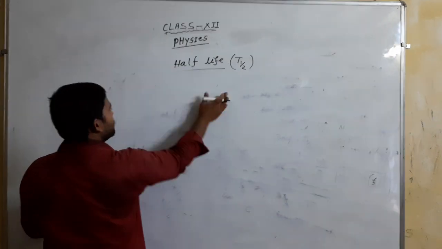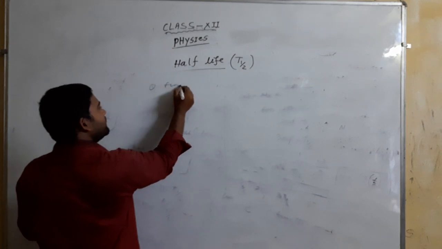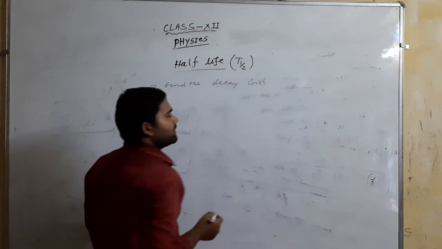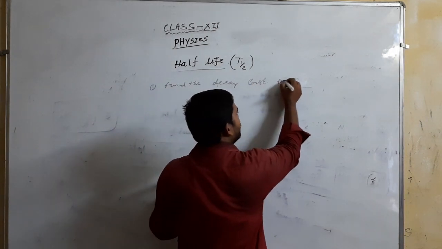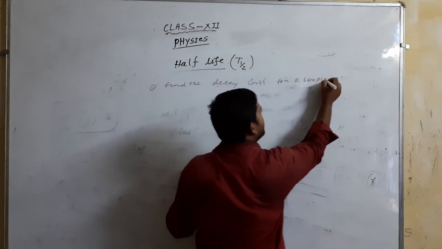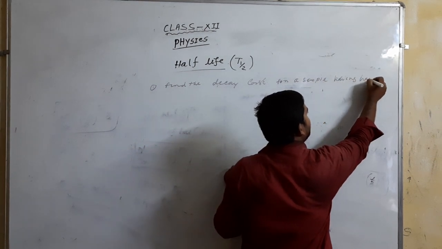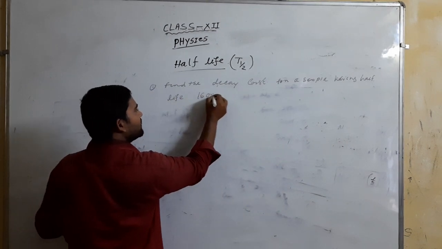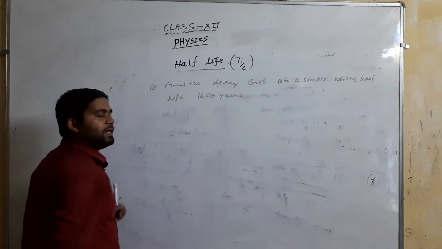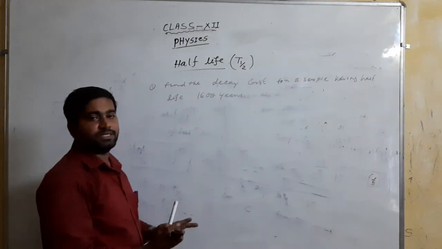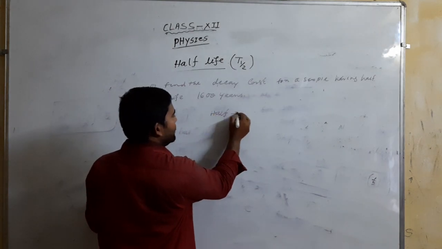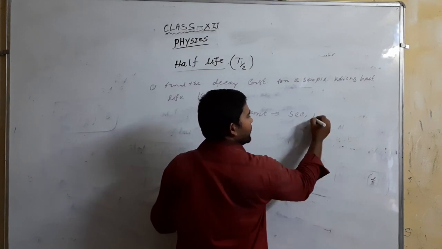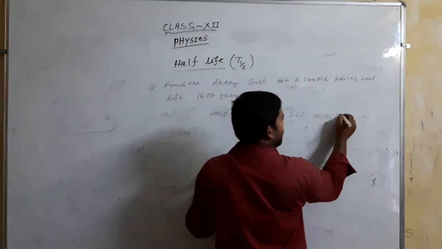Suppose we take a problem: find the decay constant for a sample having half life 1600 years. Generally, always remember half life has the unit of second, or minute, or year.